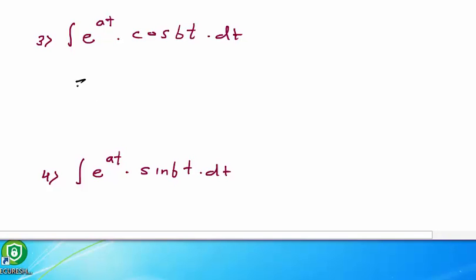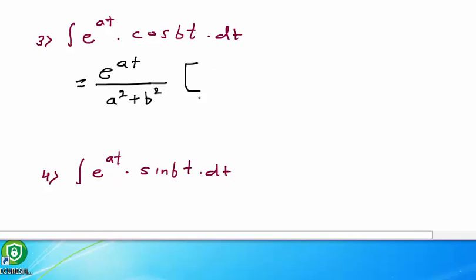The formula is: e raised to at divided by a square plus b square. Now understand what these a and b are. A is the coefficient of t in e power at, and b is the coefficient of t in the function cos bt.